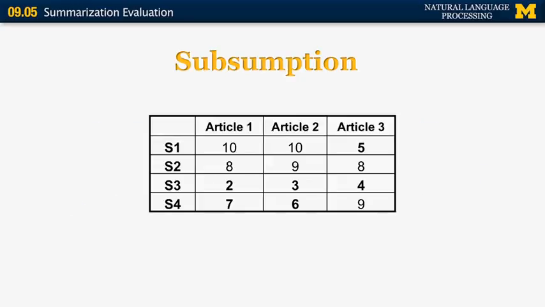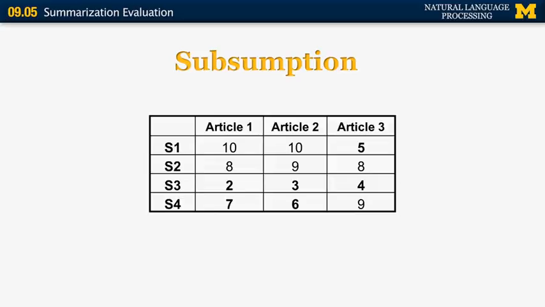So how is sentence subsumption used in evaluating summaries? Let's look at the previous example with picking 2 sentences, but now instead of judges in the columns, we're going to have 3 different documents. So we just have essentially a set of 12 different sentences, and we want to determine which ones to pick as the summary. If we wanted to pick 2 sentences right now out of those 12, which ones would we pick?